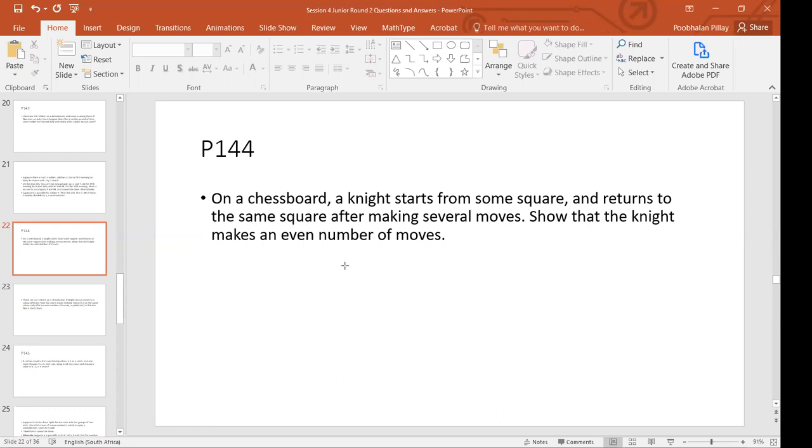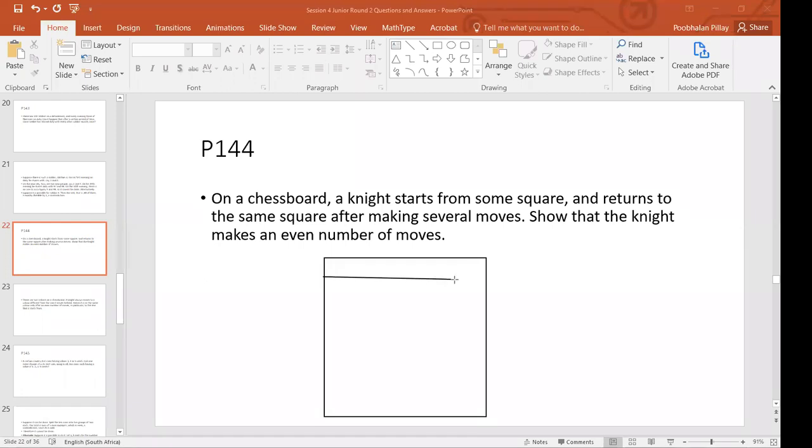So on a chessboard, hopefully everybody knows what a chessboard looks like. It's an 8x8 board. And these squares are all colored black or white. We're not going to draw this in detail, but suppose we take one of these rows, and these squares are divided up into 8 parts.